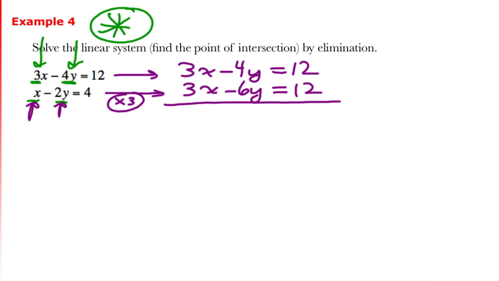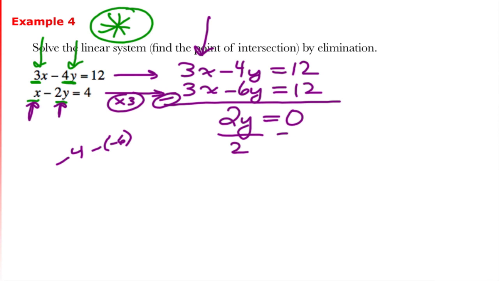And when we eliminate, since we have a positive 3 and a positive 3, we need to subtract. 3 minus 3 is 0, so the x terms cancel. -4 minus -6 is 2. -4 plus 6. So we have 2y, and 12 minus 12 is 0. We would divide both sides by 2, and y equals 0.